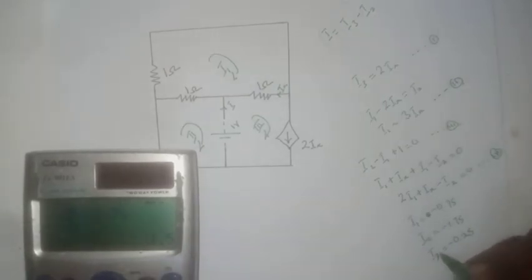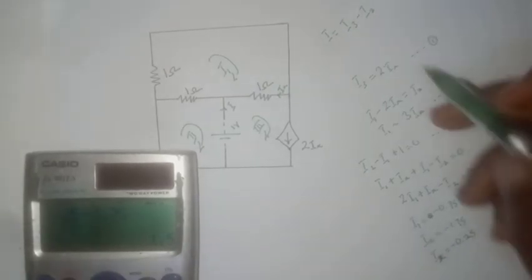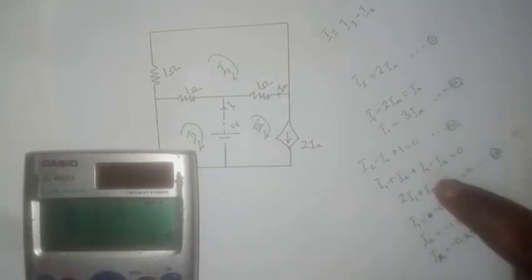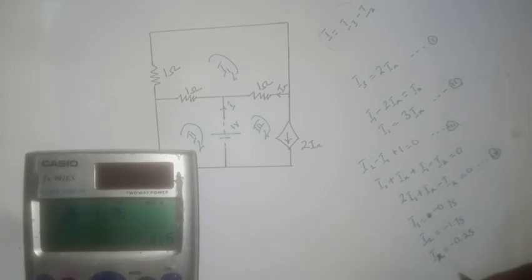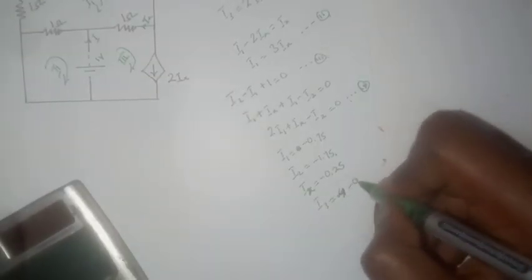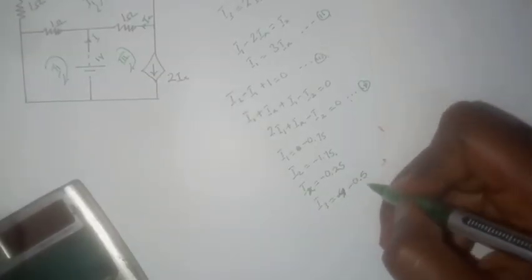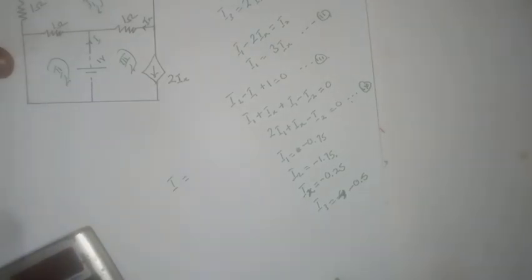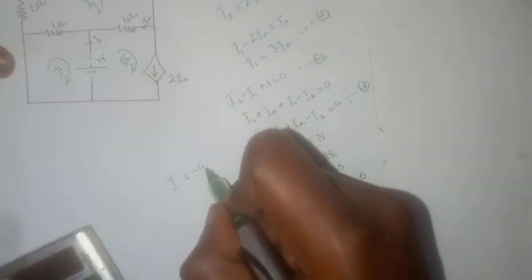This should be Ix. So that means that I3 would be 2Ix minus 1, I3 would be minus 0.5.